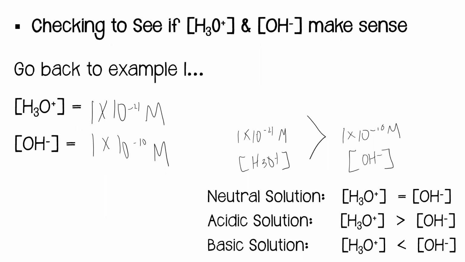This one is. The smaller the negative number, the bigger it is. The bigger the negative number, the smaller it is. Okay? That matches an acidic solution. What was the substance in example 1? Go back and look. It was HNO3, which is an acid. So this makes sense. So you're just verifying that your numbers and your math actually make sense.